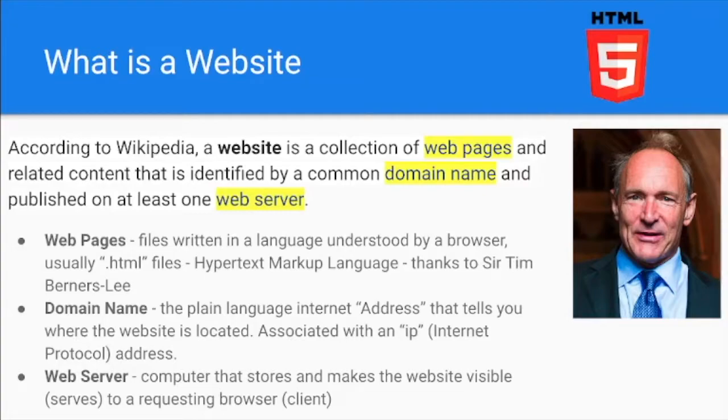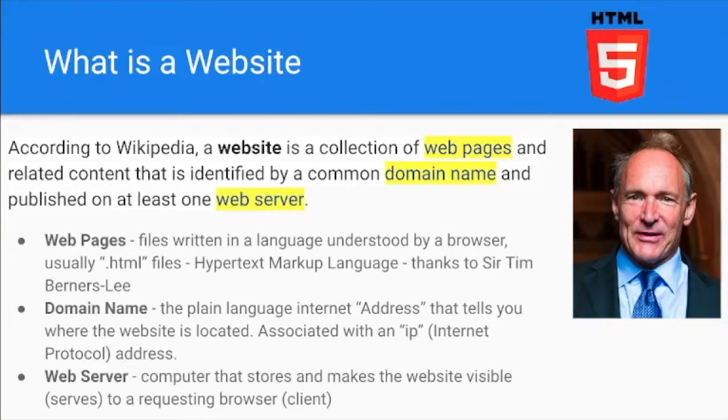The address of a web page like www.google.com or whatever, that's referred to as the domain name. And it doesn't necessarily tell you where it's located, but it tells you what it's called. In addition to the domain name, you need a domain name system, a DNS, which links the IP address to the domain name.